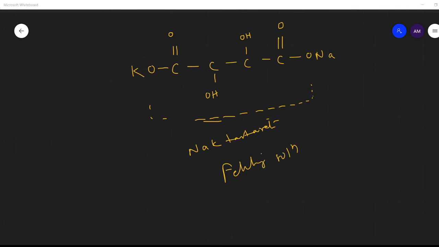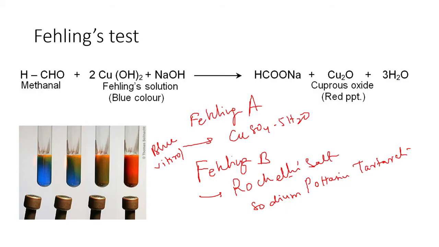Now what happens in Fehling solution? When this Fehling solution is added to an aldehyde, note, aromatic aldehyde doesn't respond to this Fehling test, right?